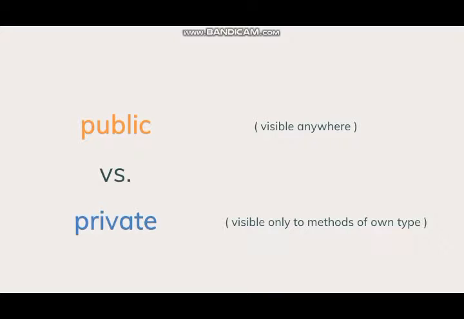Also, in most programming languages, we can declare private variables in a class which cannot be accessed outside the class, visible only to methods of its own type. For such variables, public functions are defined in the class to enable the outside world to access the variables using these functions, and they are visible anywhere.